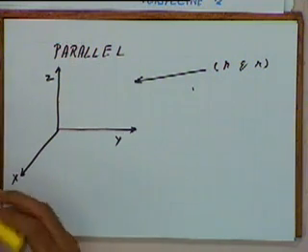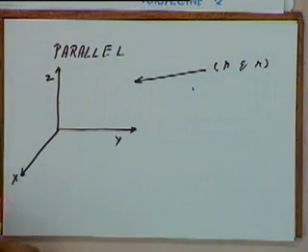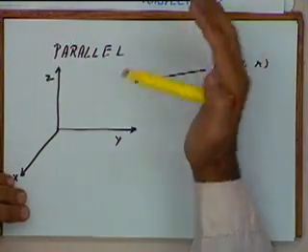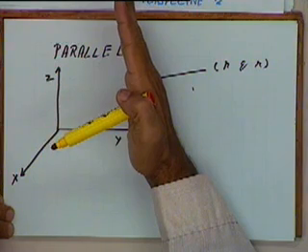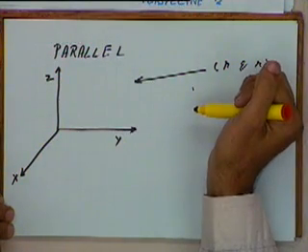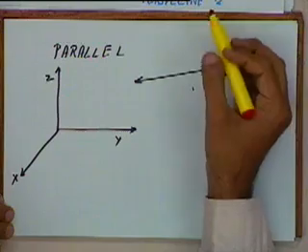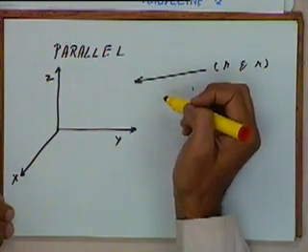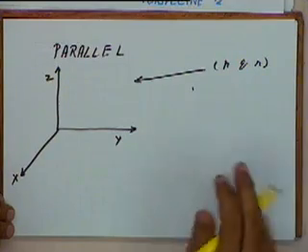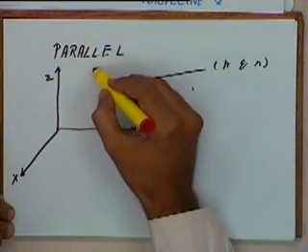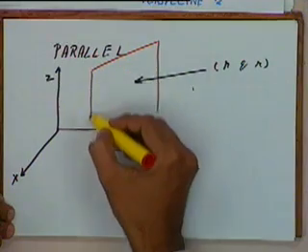If we are following orthographic projections, then our projecting plane will be perpendicular to it. If you are following oblique projection, then it can be any arbitrary plane. Let us take orthographic projections.